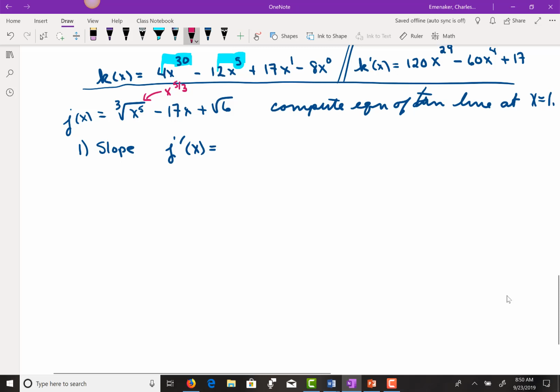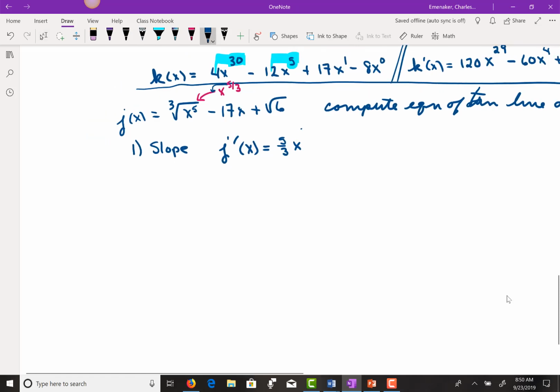As soon as you know that's x to the 5/3 power, you can crank out the derivative just about as fast as you can write it down. Because what's the coefficient going to be on the first term? Well, it's going to be 5/3 x, because remember, this exponent comes down, right? It's going to be 5/3 x to the, what's 5/3 minus 1? 2/3. 5/3 x to the 2/3.